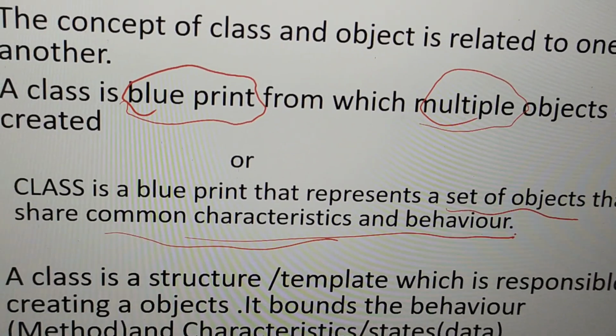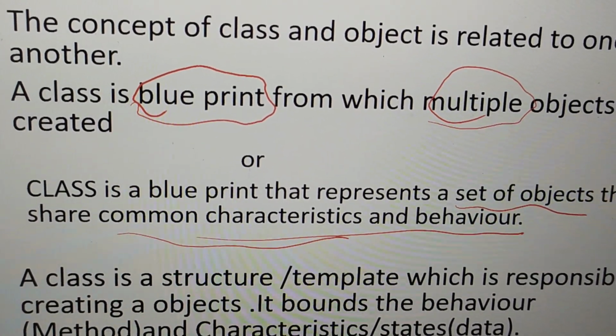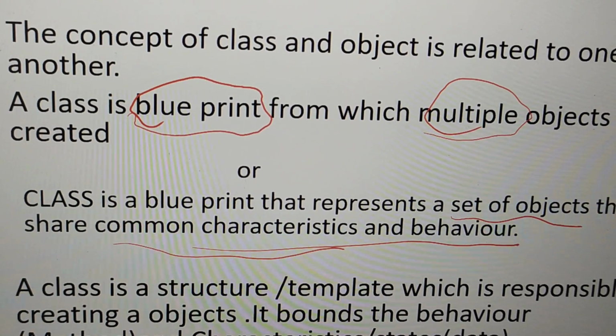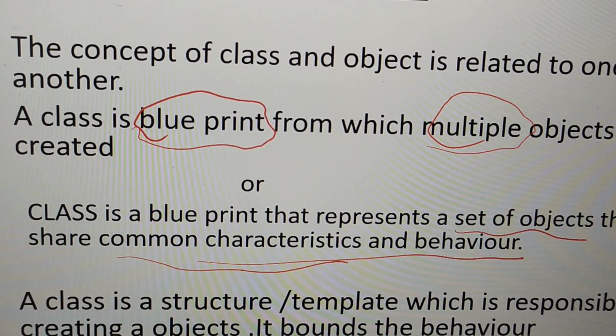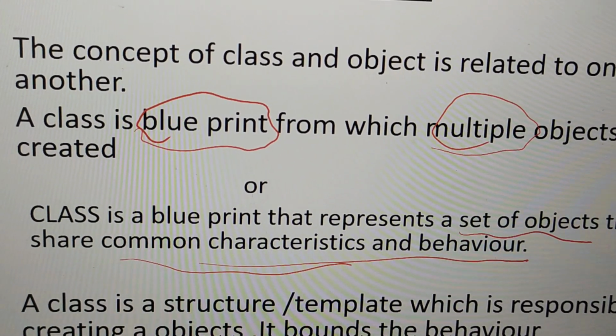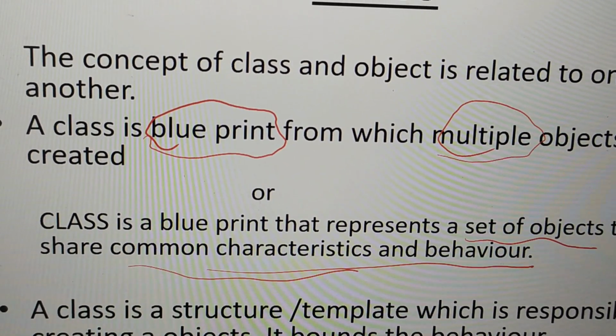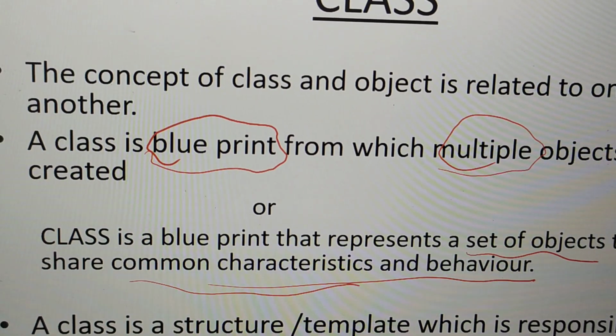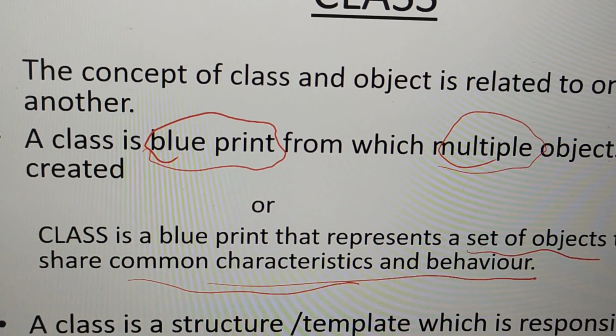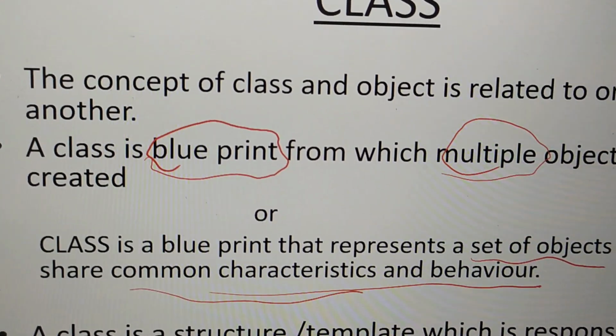What is the meaning of common characteristic and behavior? I can say that the class is responsible for creating similar type of objects. All the objects share a common characteristic and behavior, meaning the common data and the functions or methods.